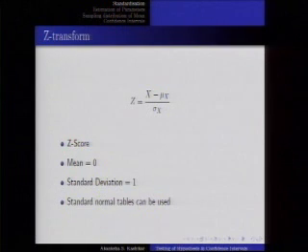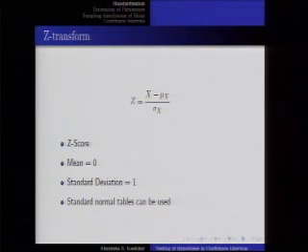So using these two properties, for a given random variable x, we define a new random variable z as (x minus mu_x) upon sigma_x, where mu_x is the mean of the random variable x and sigma_x is the standard deviation, or the square root of the variance, of x.